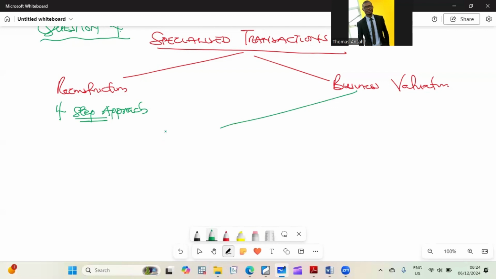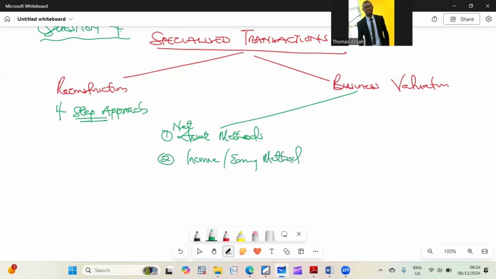And basically, we have the 3 methodologies. So we have the assets, using the asset methods, or the net asset methods. Then we have the income methods, income or earnings methods.